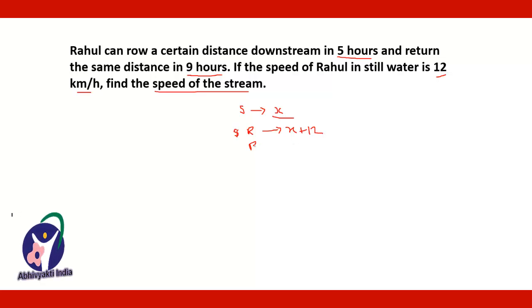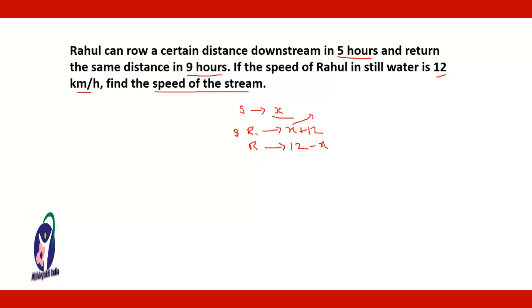and the speed of Rahul upstream will be 12 minus x, because going downstream the speed of the stream also gets added to the speed of the person who is swimming. But when coming upstream, the speed of the stream opposes the speed of the person who is swimming, and therefore it gets subtracted, so it will be 12 minus x.